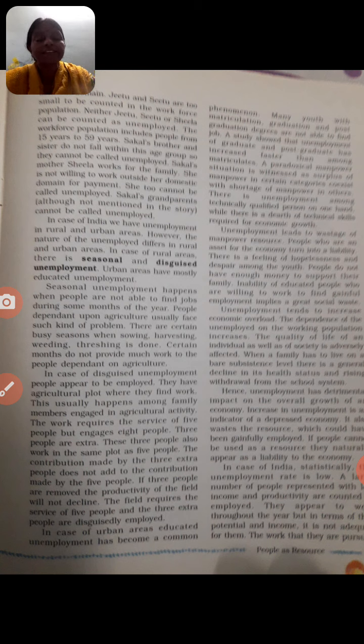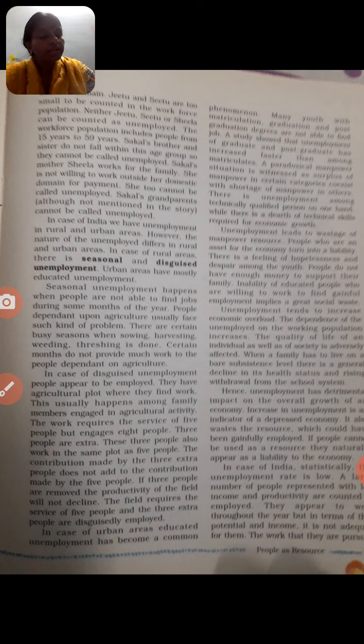We have seen that Sakal's brother and sister are not included in the unemployed category. Why? Because the children, his brothers and sisters, were too young and have to be looked after by their parents, and the grandparents were too old and have crossed the age of 60 years, so they also may not be called unemployed.